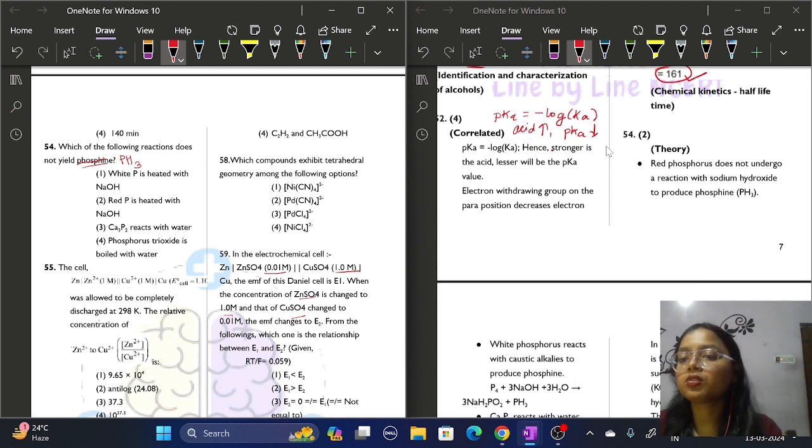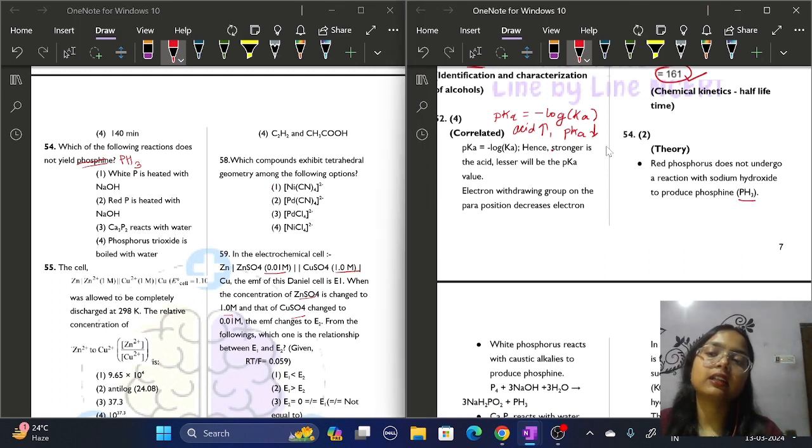It is a theory type question. Red phosphorus does not react with sodium hydroxide to form phosphine. It is theory, you have to remember it. There is no other way to recall it or solve it.